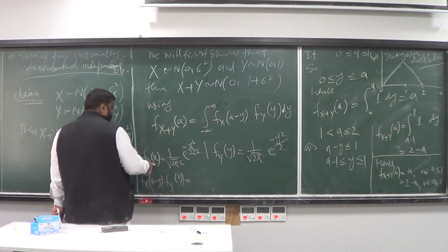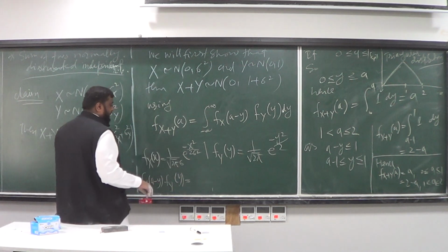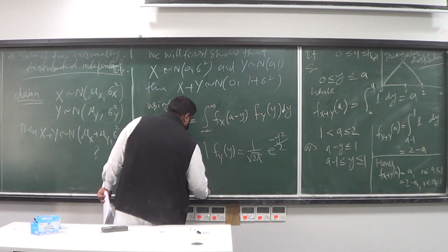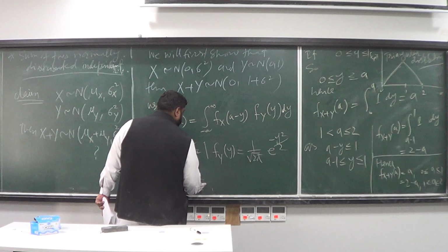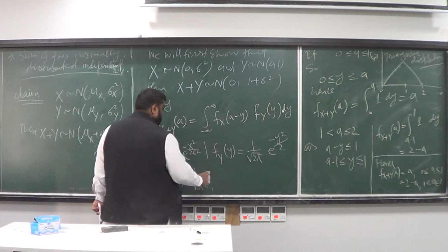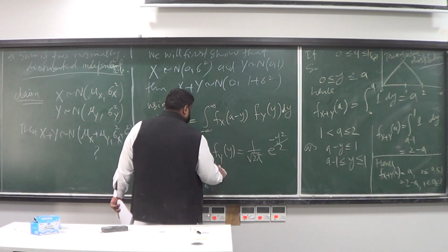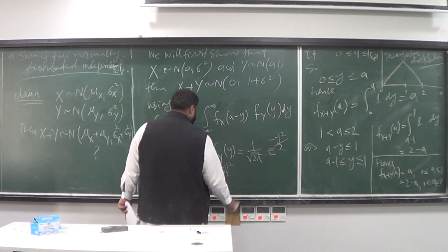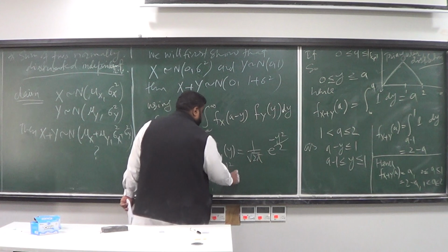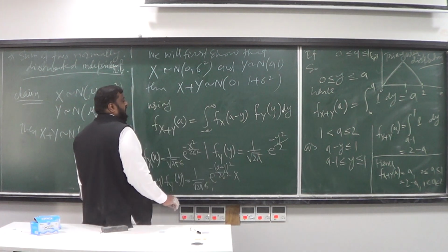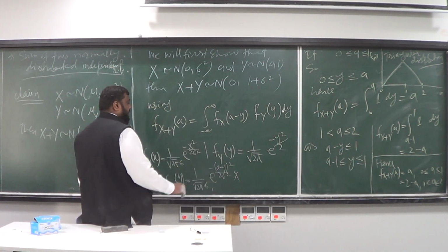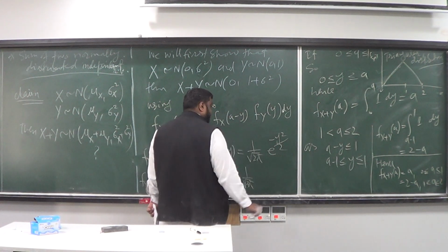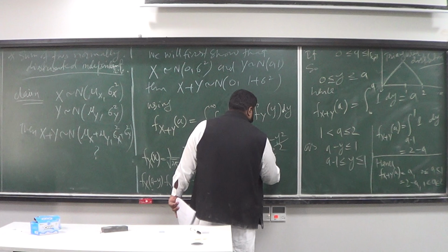In this, instead of x, replace x with a minus y, so it's going to be 1 over 2 pi sigma, e to the minus (a minus y) square over 2 sigma square, times 1 over 2 pi, e to the minus y square over 2.